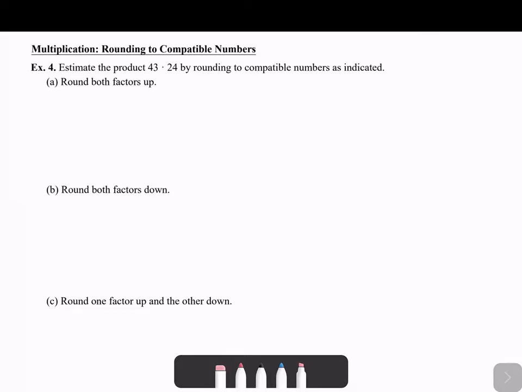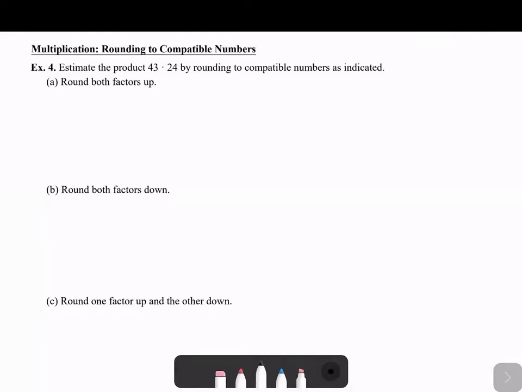Although you may see these numbers and think, well, yeah, I just want to round up to 45 and 25, right? Because those are close and those are nice multiples of 5. Round to numbers that you can multiply in your head. 45 and 25 are still pretty hard for me to multiply in my head. So if you can do it in your head, that's great. But the point of estimation is rounding to numbers that you can multiply in your head.